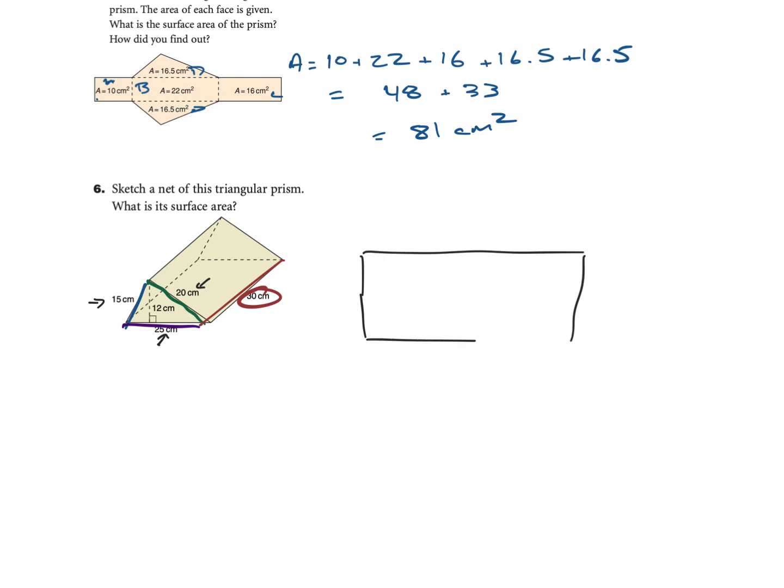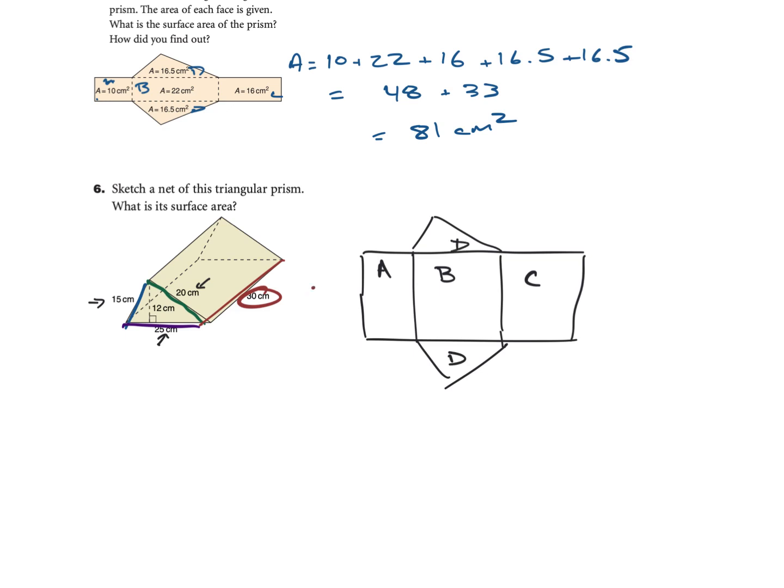My net. It's not a right angle triangle, so I have to show a little bit of an angle there. Really quickly. And then I've got, oops. Just going to erase those little marks real quick. A, B, and C. And then I'm going to call these D.